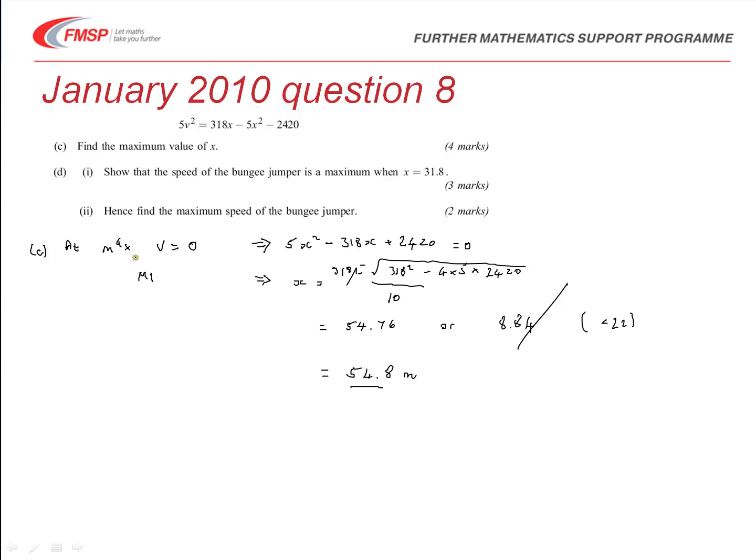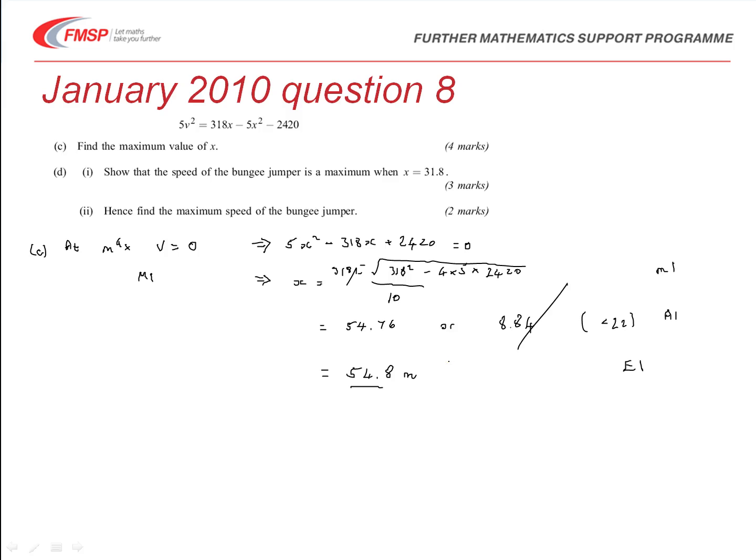An appropriate method for solving the quadratic, for obtaining the solutions, and then for reducing it down to only one of those two answers gives you another mark. You need to give a reason, i.e. the fact it's less than 22. Okay, that was the key thing.